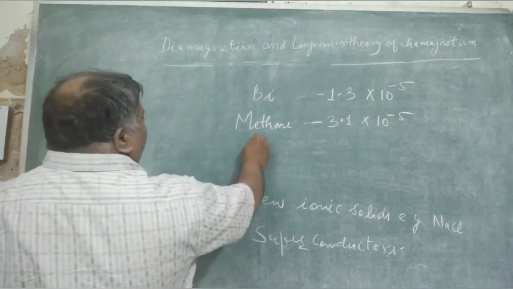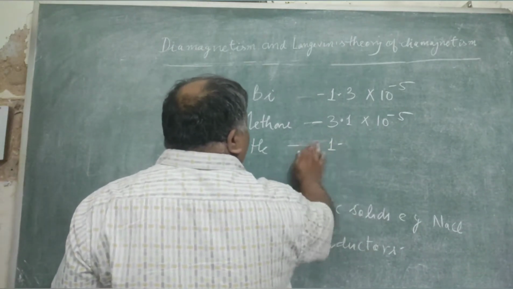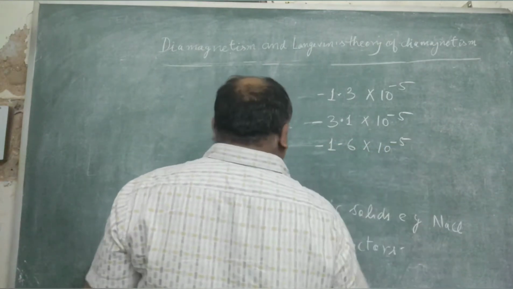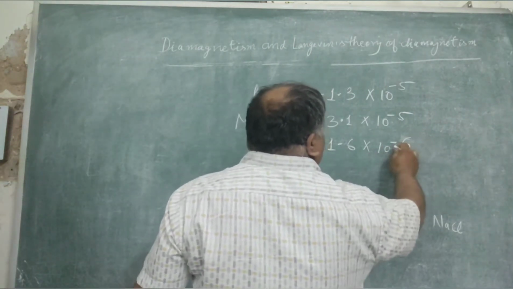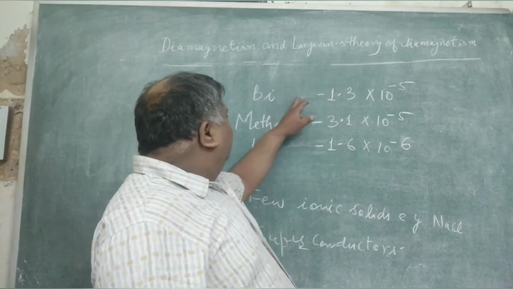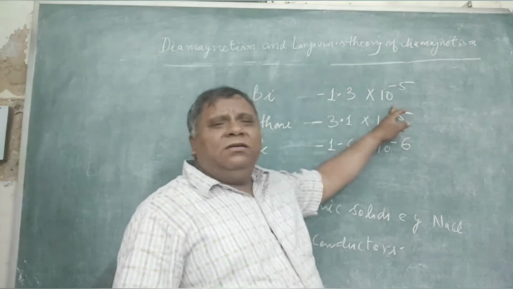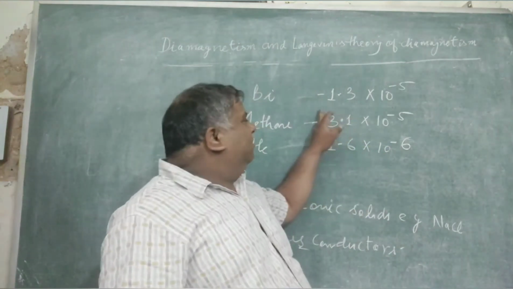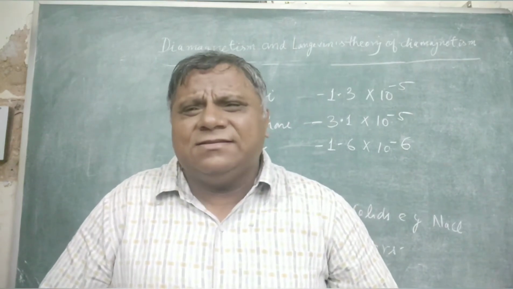Susceptibility of helium is negative 1.6 times 10 to the power minus 5. So, the magnitude of susceptibility normally remains of the order of 10 to the power minus 5 or 10 to the power minus 6. The values are negative. Most of the time it is 10 to the power minus 6.